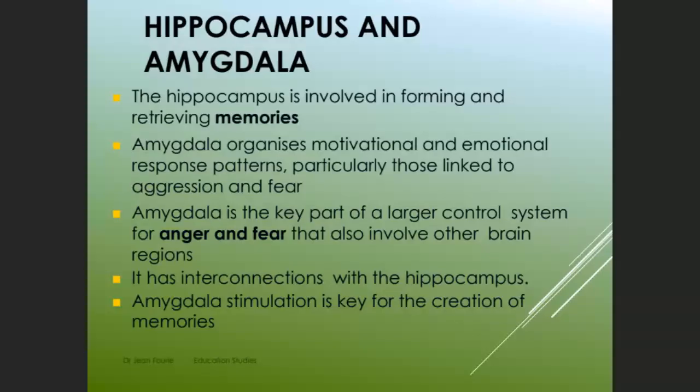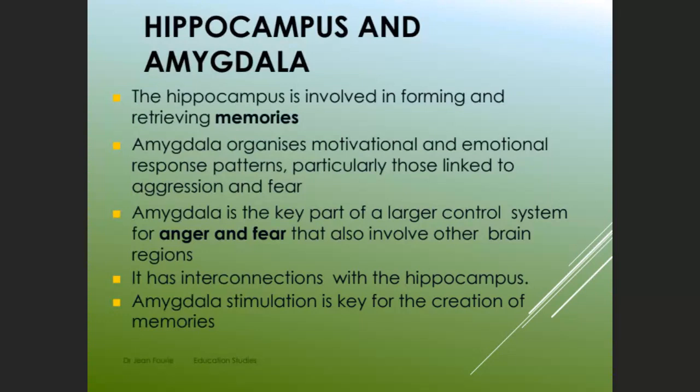The hippocampus and the amygdala, they are involved in forming and retrieving our memories. So the amygdala organizes the motivational and emotional response patterns, and particularly those patterns that are linked with any aggressive behaviors and any fears.